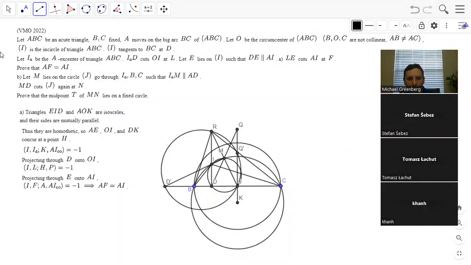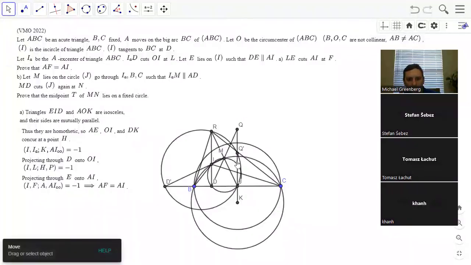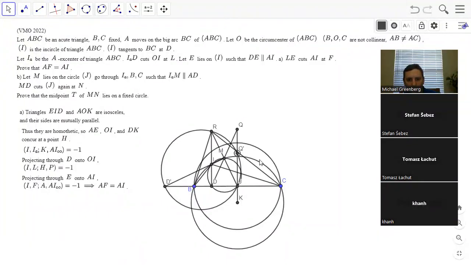Yeah, IMBC is cyclic. Let me think about this. So M is the Humpty point.